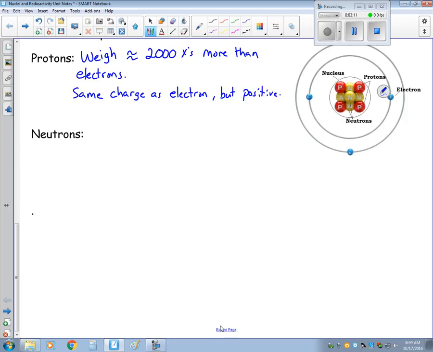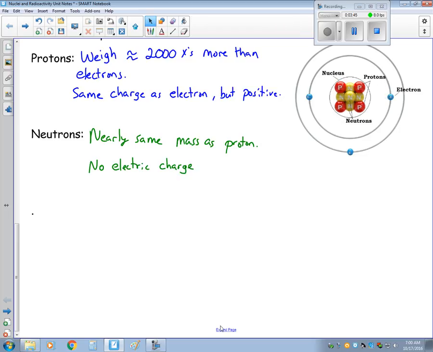So whereas an electron is a negative charge, a proton is a positive charge. Neutrons have nearly the same mass as a proton. However, they have no electric charge. The neutron itself is actually just slightly more massive than the proton.